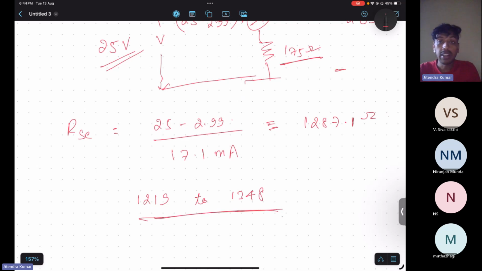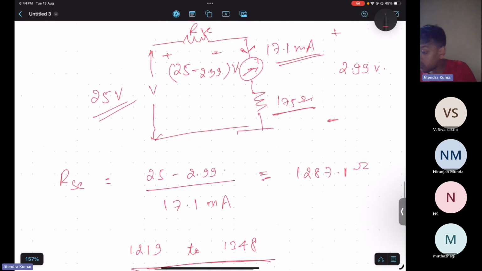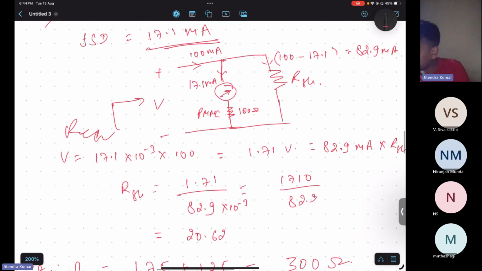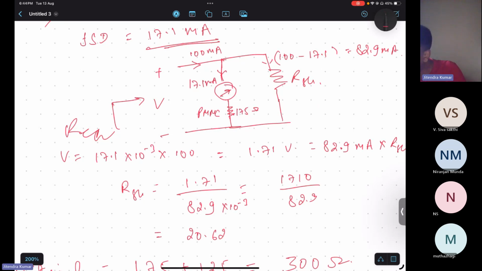So I hope you didn't commit this same mistake during the submission of the assignment, right? 175 ohm is here, and I hope the last problem will also have the same mistake. Yeah, here also, 175 ohm resistance.